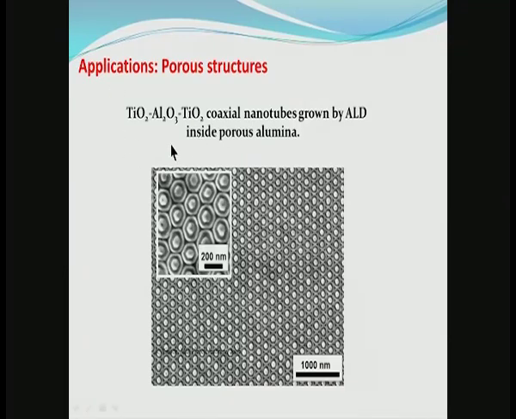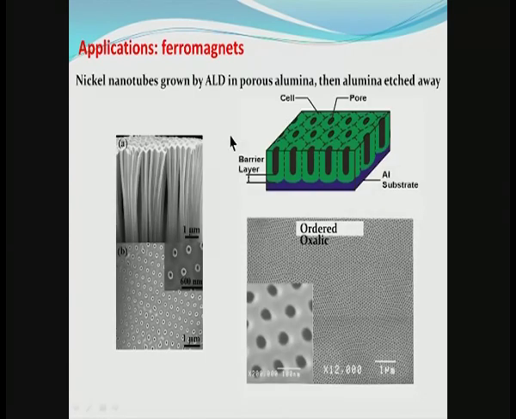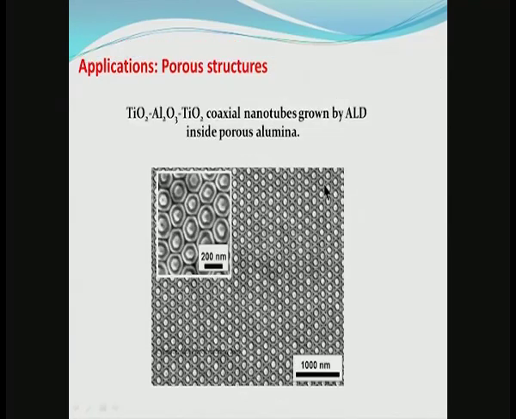What is shown here is a more complicated structure using porous alumina as before. What is done is of course to obtain this kind of a porous structure on top of an alumina plate and then use it as a substrate for film deposition, but in this case it is more complicated. First a layer of TiO2 is deposited. As I mentioned earlier, TiO2 can be done using titanium isopropoxide.